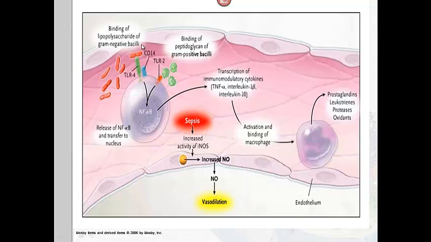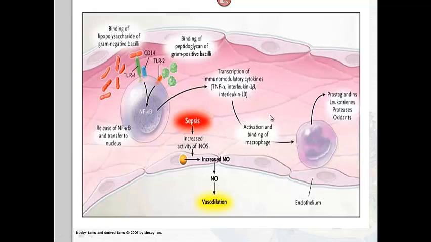Again, there is damage of the endothelium. There is release of multiple inflammatory mediators, macrophages, WBCs going to the area of infection first, and continued chemotaxis of other inflammatory cytokines.